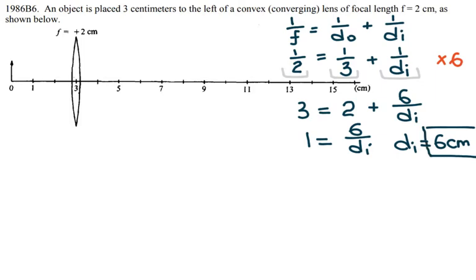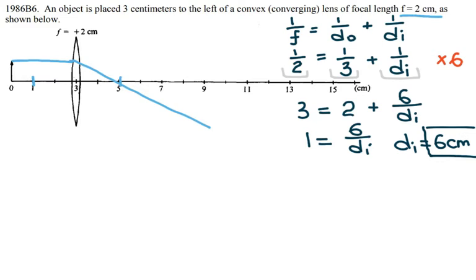So now when I do my graph, I have to follow the ray diagram rules. It's going to be the parallel one, and then through the focal point. The focal length is 2 centimeters, so here is the focal length, and here is the focal length. So I'm going to go through the focal point.